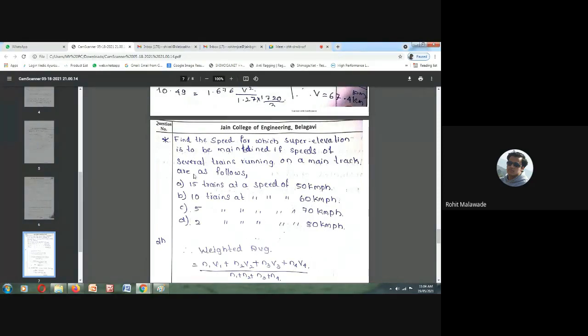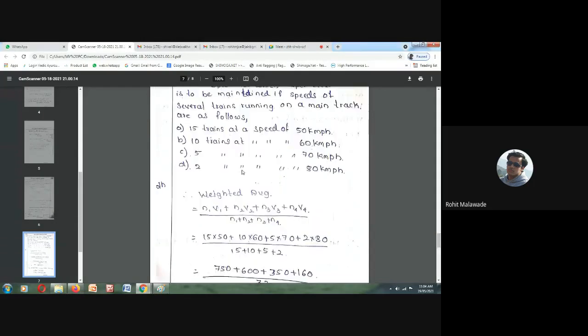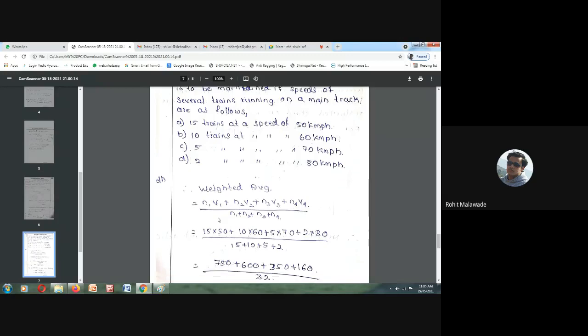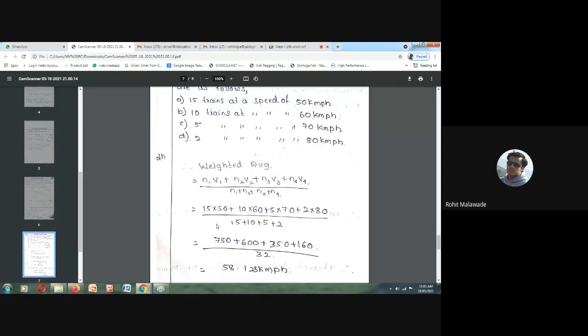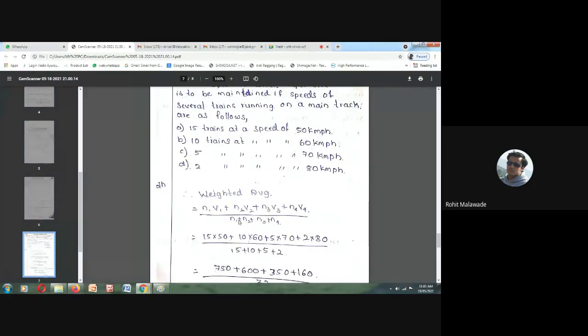All these trains will be moving on a single track. But what I'm interested in is the weighted average speed of the track, so I will use the formula N1V1 plus N2V2 plus N3V3 plus N4V4 divided by N1 plus N2 plus N3 plus N4.